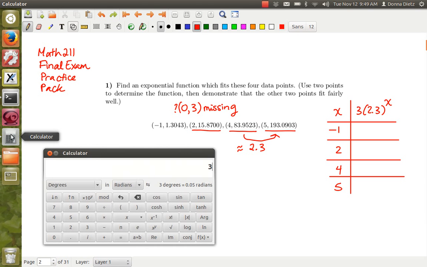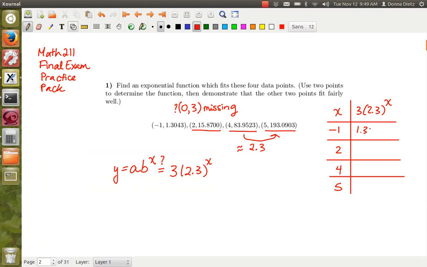Okay, so first of all, I'm going to say 3 times 2.3 to the power of -1 equals 1.304. Yep, that works, 1.3043.